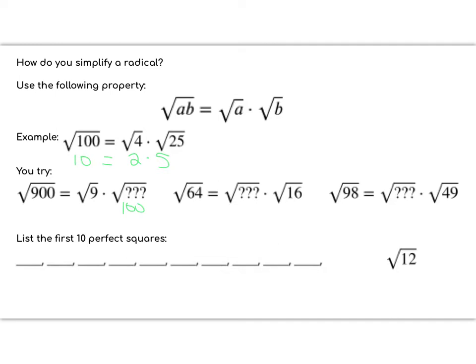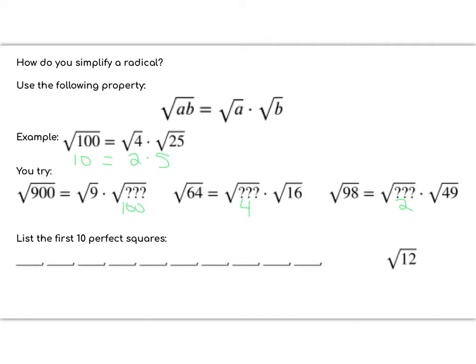So the square root of 64 is the square root of what times the square root of 16? Well, 64 is 4 times 16, so that would be the square root of 4 times the square root of 16. And the square root of 98 is the square root of what times 49? Well, 2 times 49 is 98. So the square root of 98 is the square root of 2 times the square root of 49.